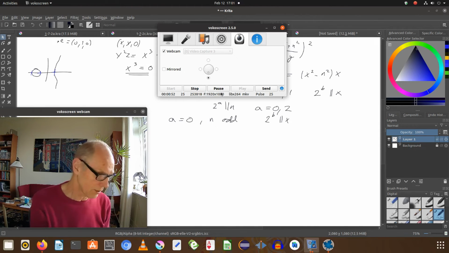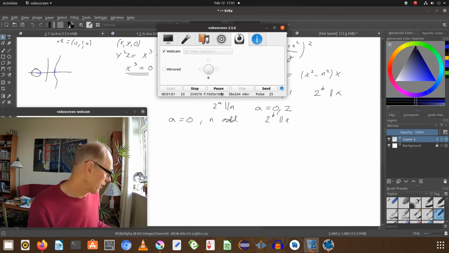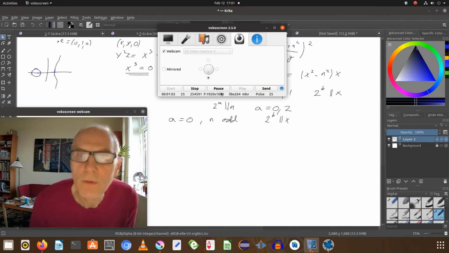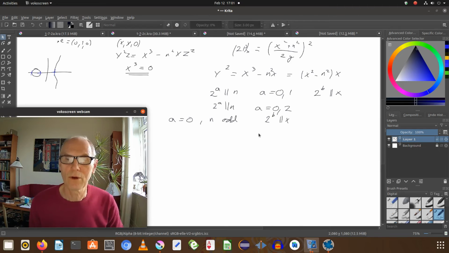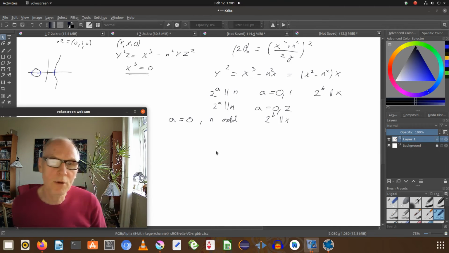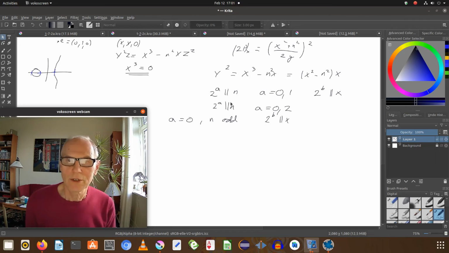So the valuation just gives the number of times p occurs in the rational number, with the numerator counted positive and the denominator counted negative. So the valuation, the 2 valuation.